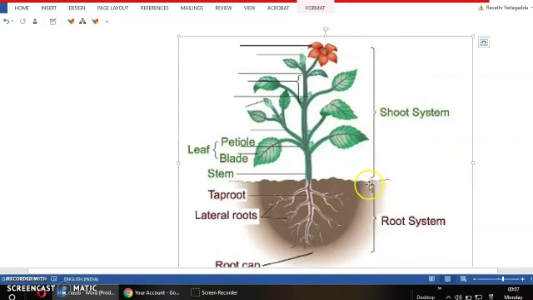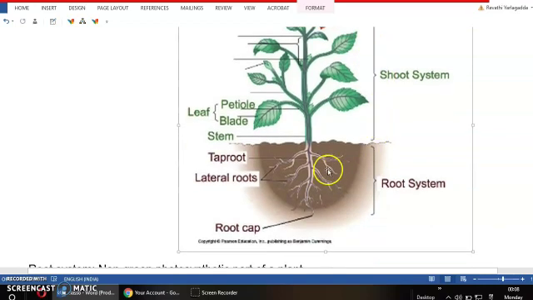So one is below the ground and the second one is above the ground. The part below the ground is called the root system, and the part above the ground is called the shoot system.